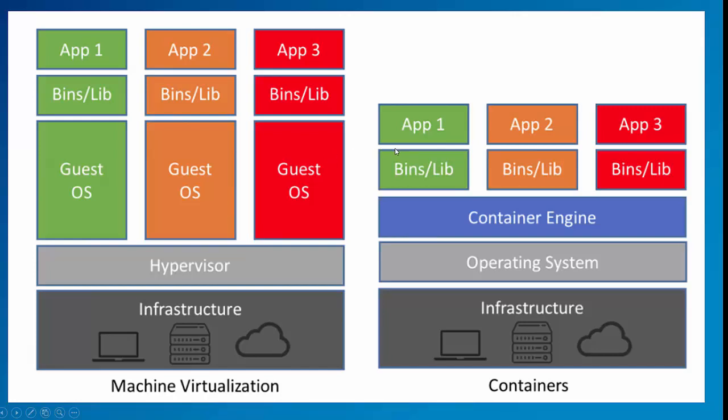On top of the Docker engine sits the complete libraries of the OS and the bins of your application. The container completely abstracts the operating system, so each application thinks it gets the entire operating system to itself. This forms the basis of containers.